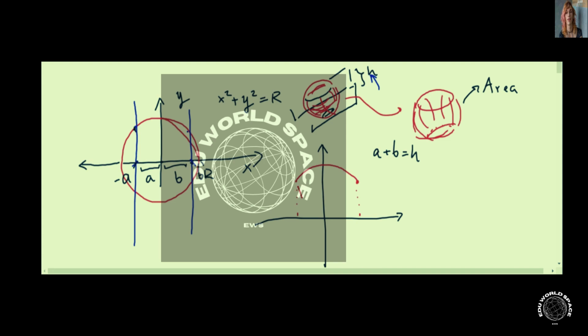We would rotate that around the x-axis so that we will have our area. So the area is gonna be the area of this region. This is the same area as that.